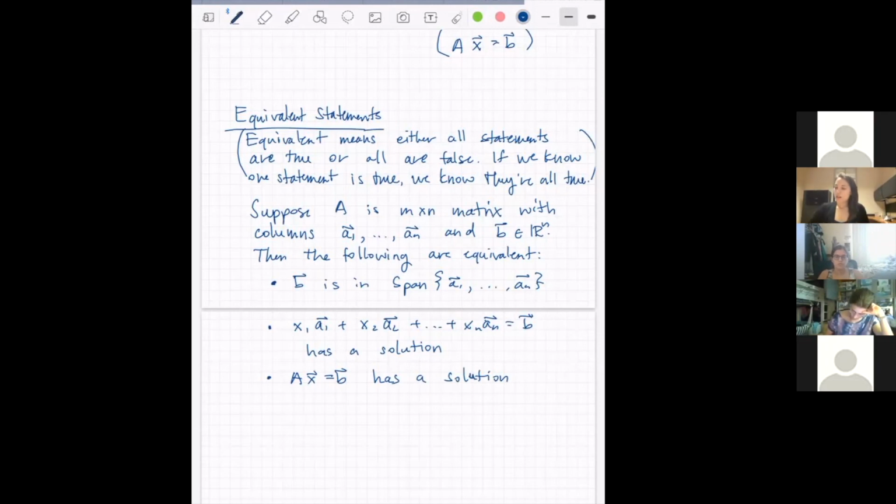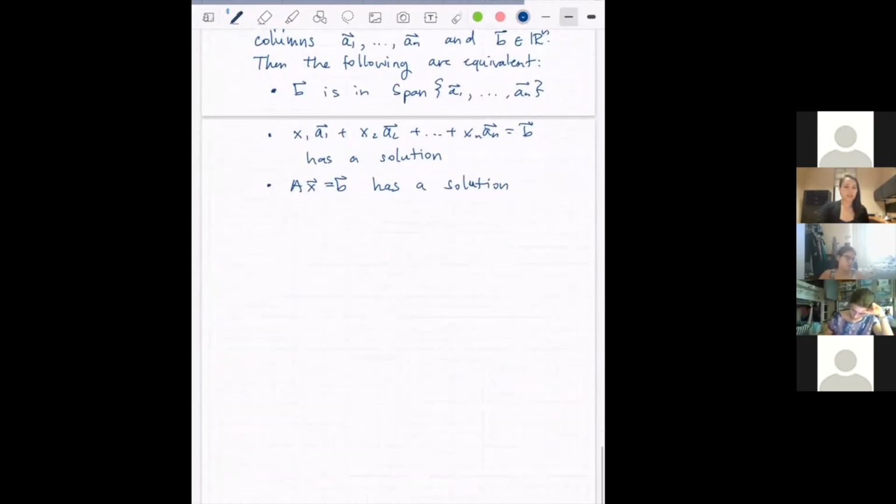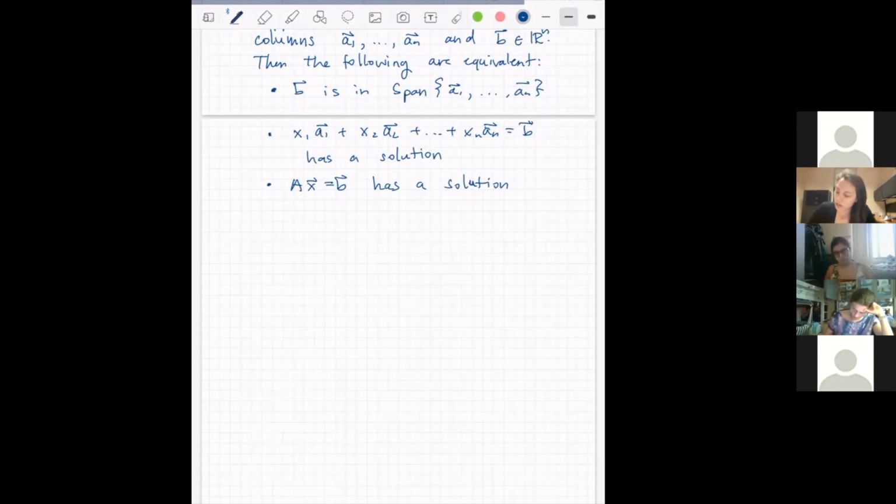Like I said, we talked about how to figure out if B is in the span of a collection of vectors, but there's another question that we might ask. So just to put that all down: we know how to figure out if B is in the span of just a collection of vectors.